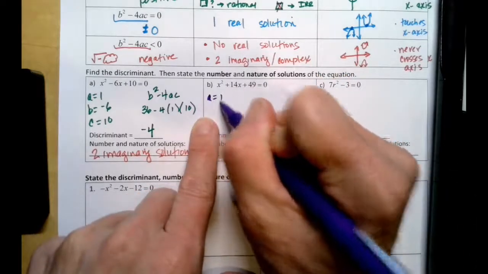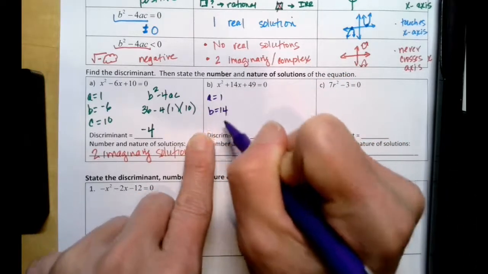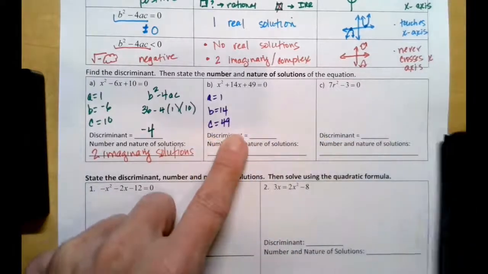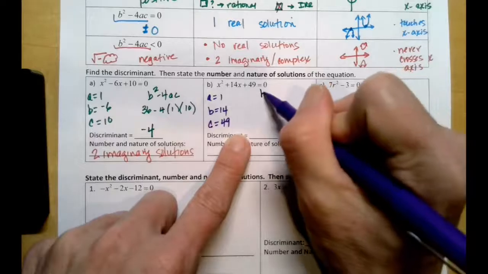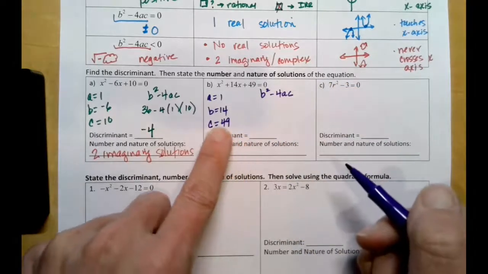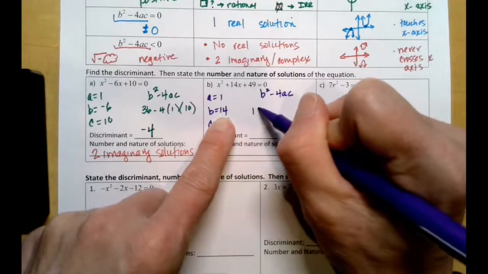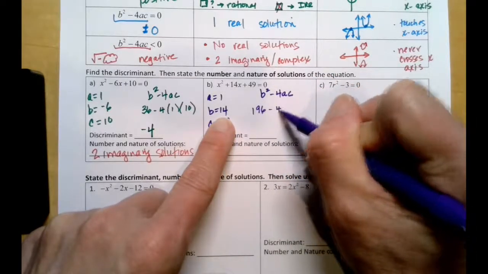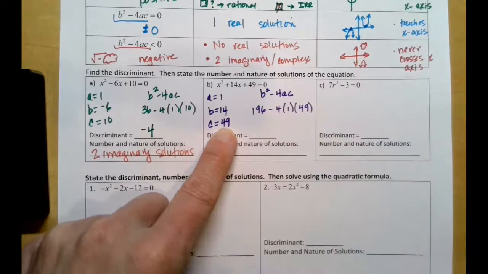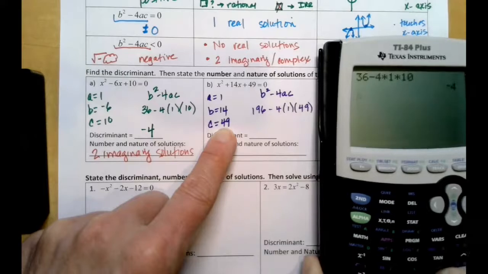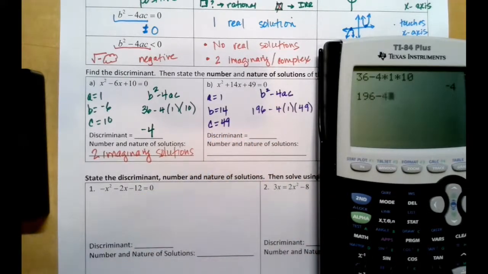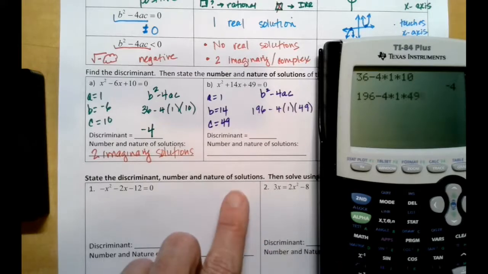My a is equal to 1, my b is equal to 14, and my c is equal to 49. Let's figure out what our discriminant is. b squared minus 4 times a times c. b squared is 196 minus 4 times 1 times 49. I'll grab my calculator: 196 minus 4 times 1 times 49.